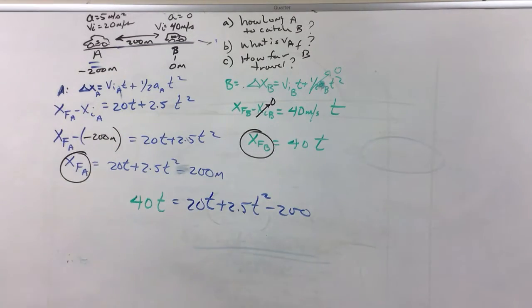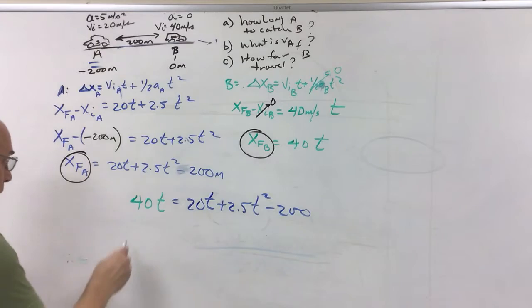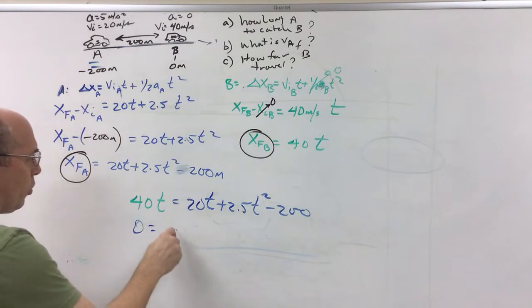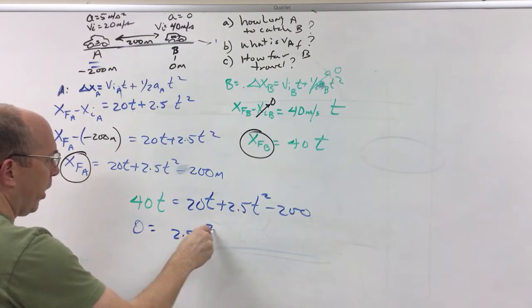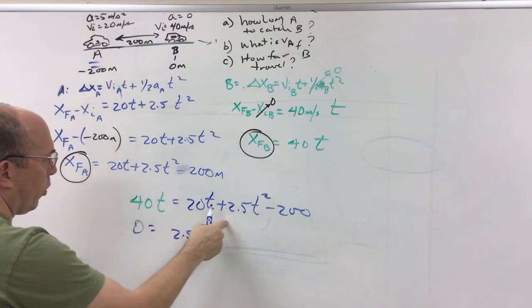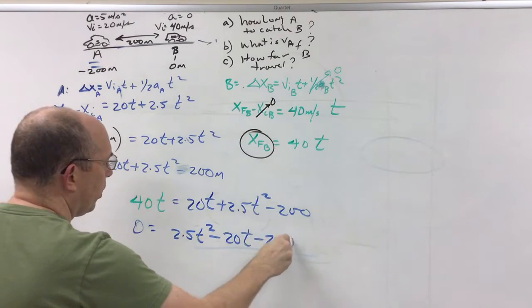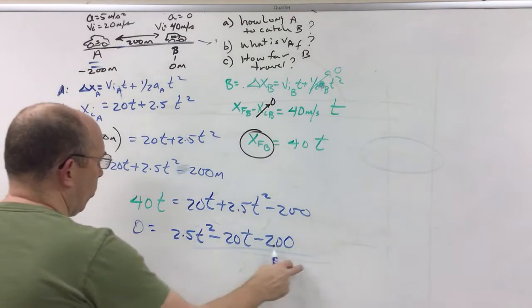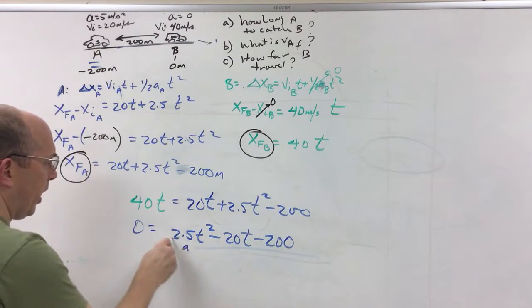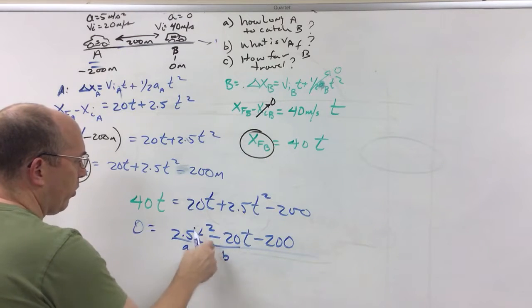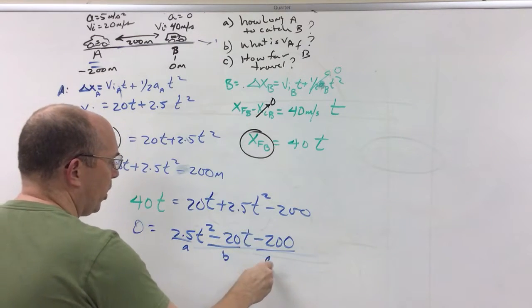It's our quadratic again. So then 0 is going to be equal to 2.5t squared, bring the 40 over as negative, minus 20t minus 200 is equal to then 0. You solve it as a, well, don't forget the negative here, b, don't forget the negative, c.